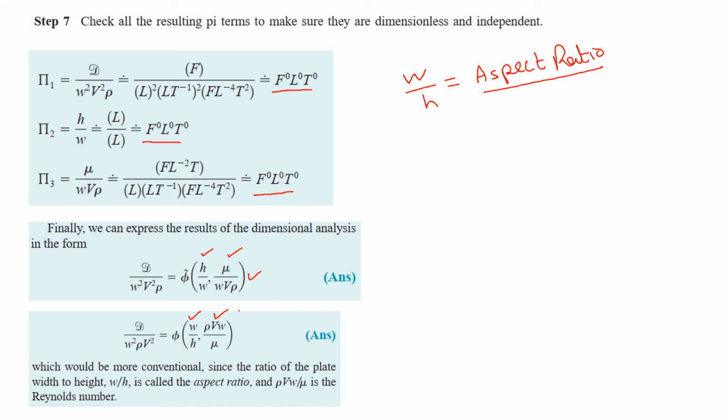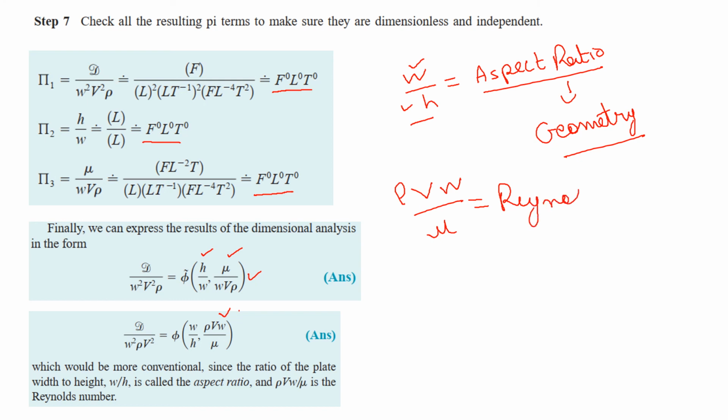And this was the aspect ratio of the plate that we saw in the example initially, the width to height ratio of the plate. So this is the geometry term. This is related to the geometry of our object involved. And this next term, rho V W over mu, is called the Reynolds number, and this is related to our flow.